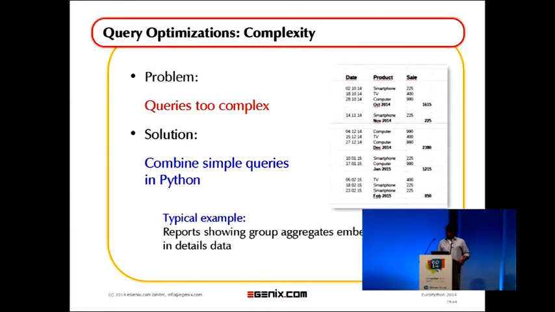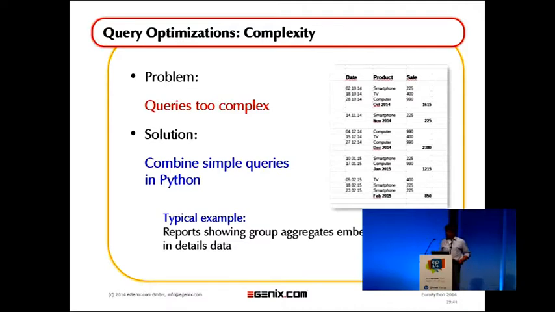And again, if your queries themselves are too complex, you can address that in Python as well. What you do is you split up your queries, make them easier to handle for the database, and then you combine the results from those queries in Python. A typical example of that is if you want to run a report that has aggregates right in the result set.